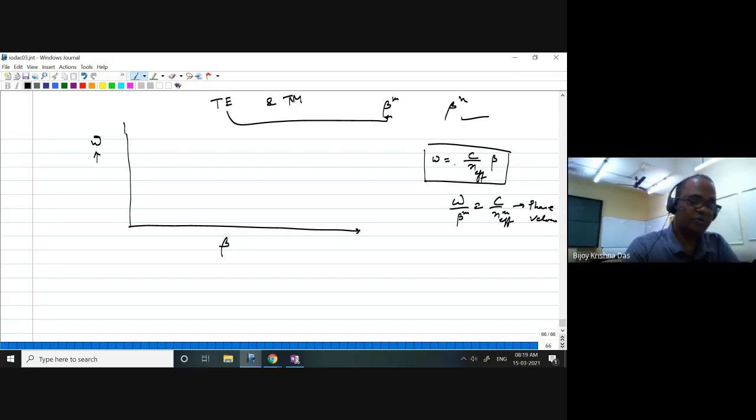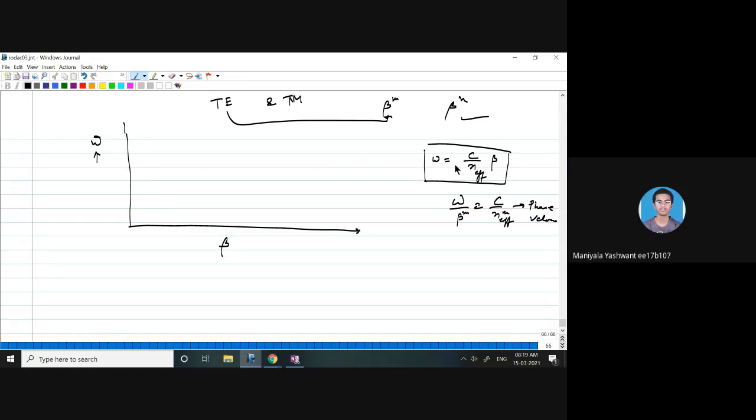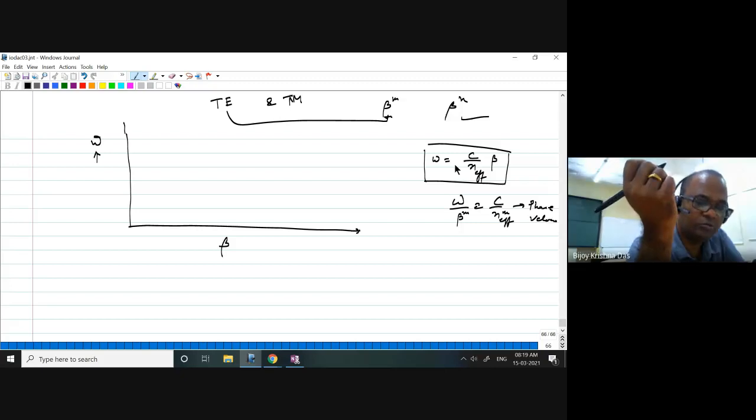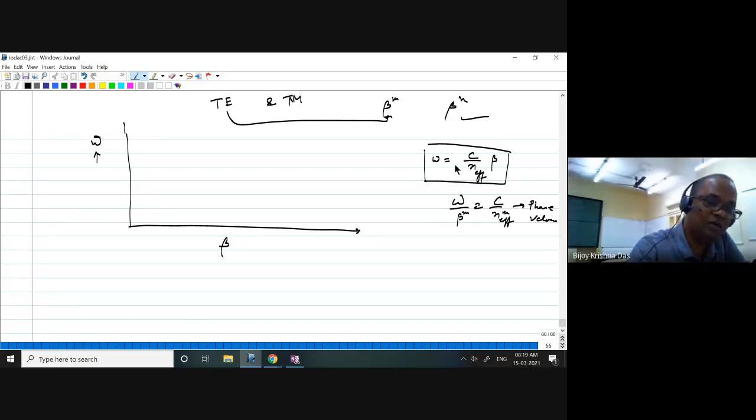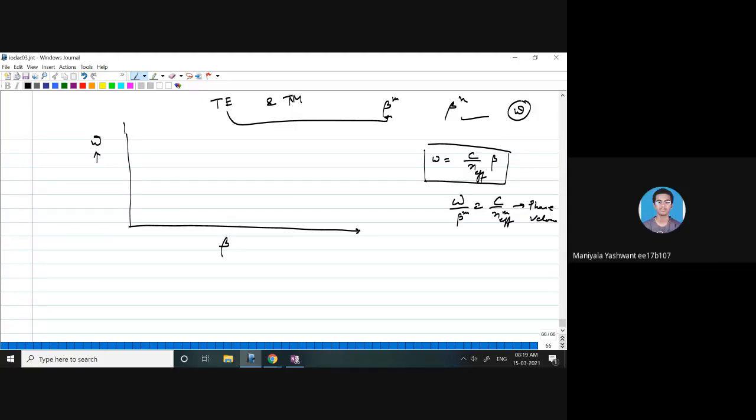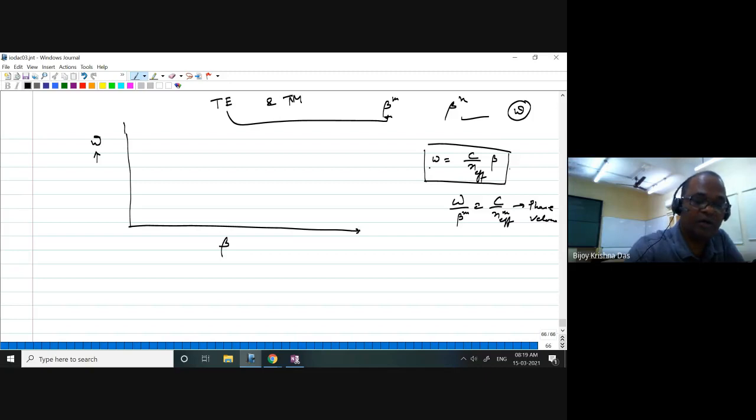Now, suppose I ask you. Sir? Yes. Like, isn't C by n supposed to be the group velocity of the wave? No. How does group velocity come here? Here we are considering only one frequency omega, frequency domain, right? Given omega, it's monochromatic, which is practically impossible, but from a theoretical point of view, monochromatic is one frequency.